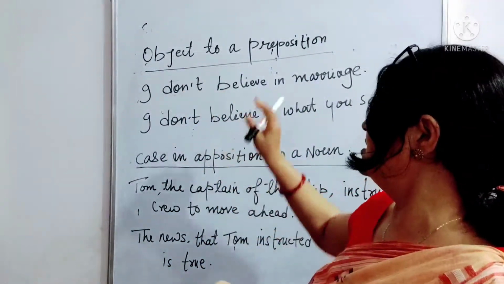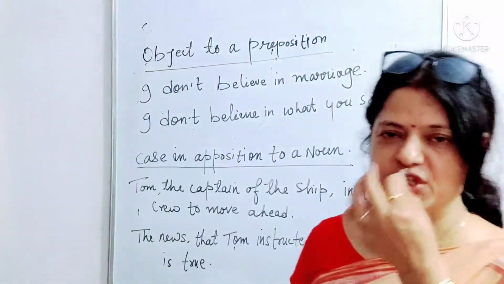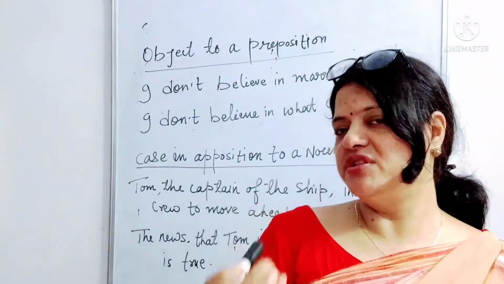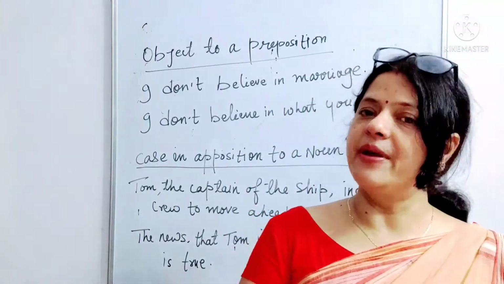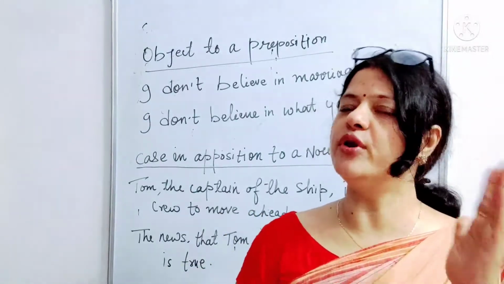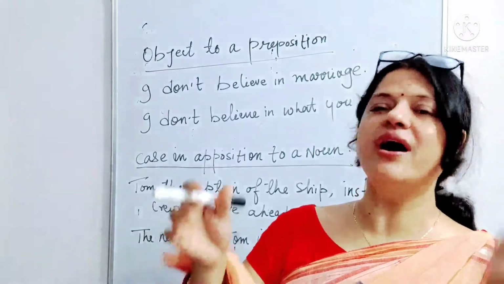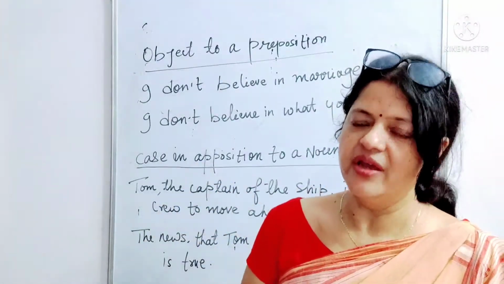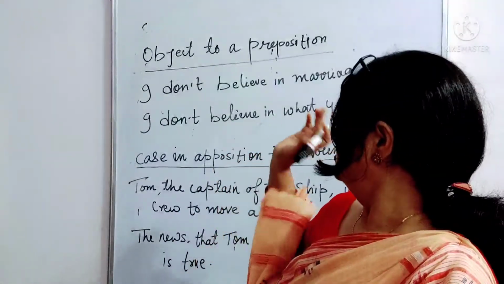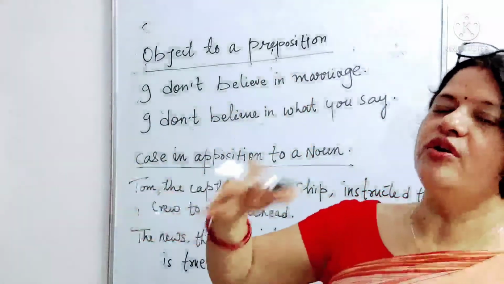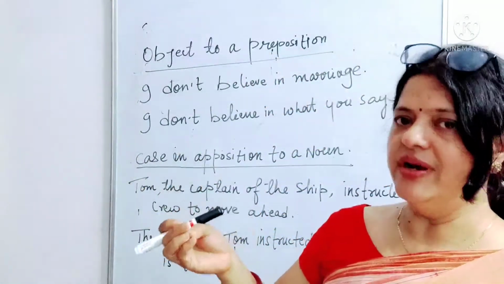Okay, so first let's talk about object to a preposition. Let's first understand the definition of preposition. A preposition always comes before a noun or pronoun to show its relation to other words in the sentence. Okay, so first we know that a preposition always comes before a noun or pronoun.